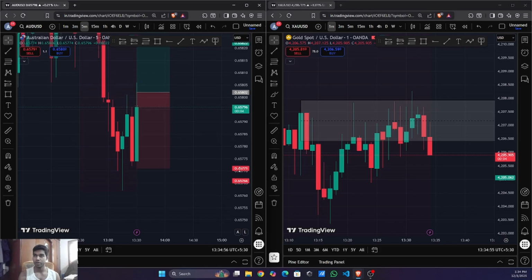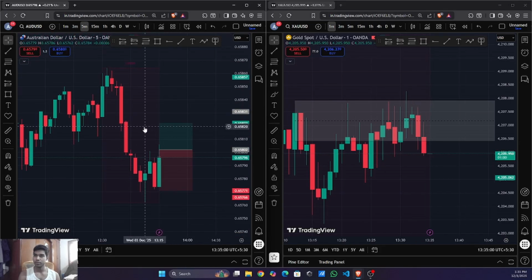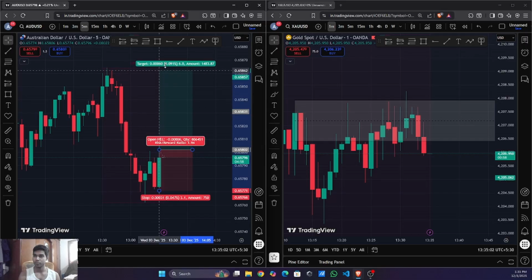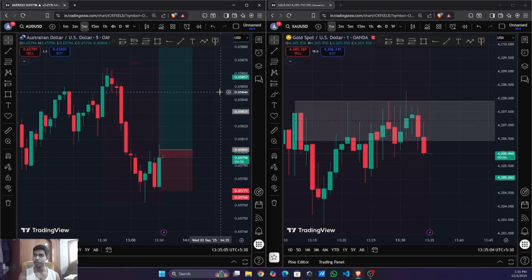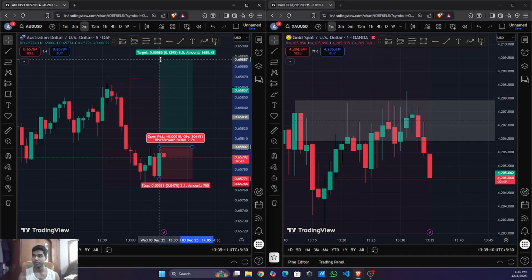Risk is around $7, $8, $9, $10. I'm not confident. It doesn't look like a good trade, but we'll go as planned with half quantity.